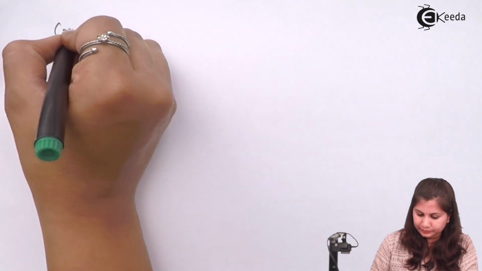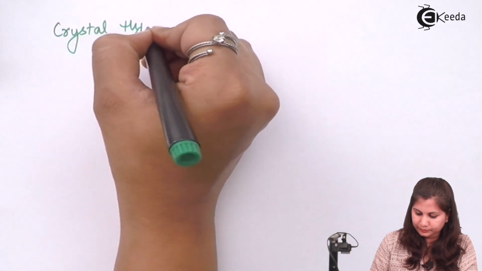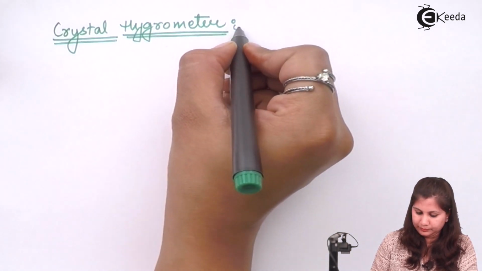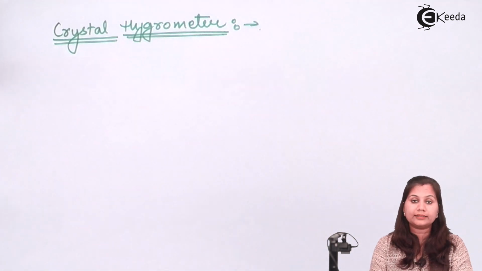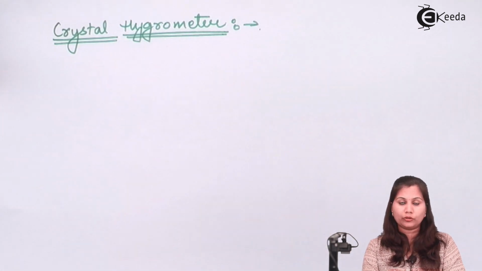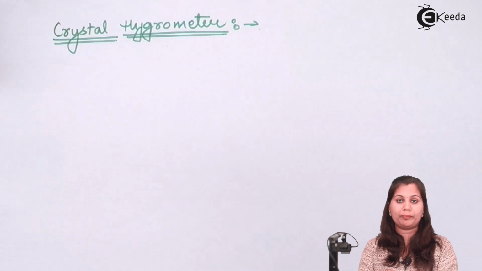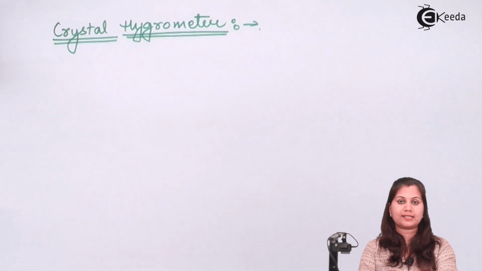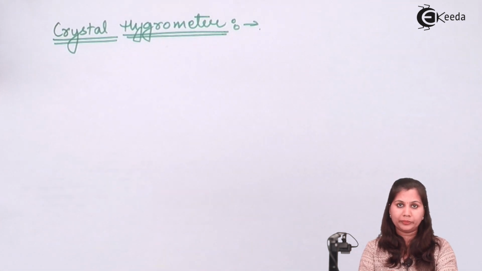Now the next type of hygrometer is the crystal hygrometer. In the earlier hygrometers, we used hygroscopic salts, which exhibit changes in the dielectric constant, capacitance and resistance with the changes in the humidity.